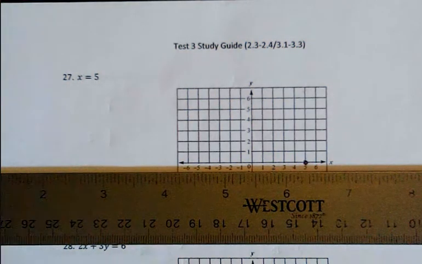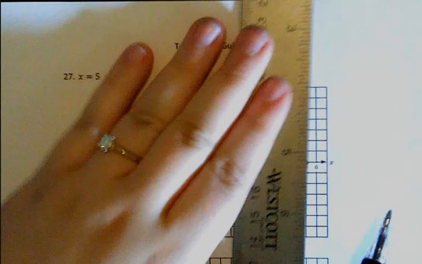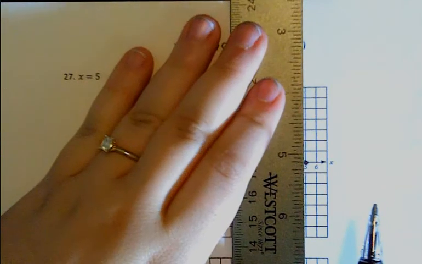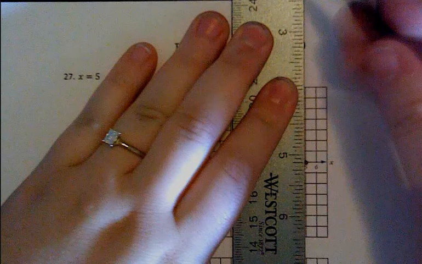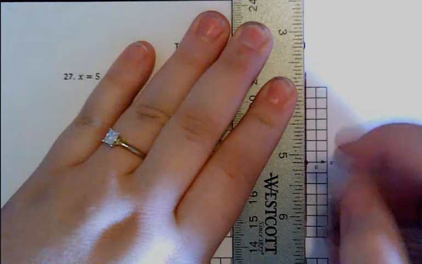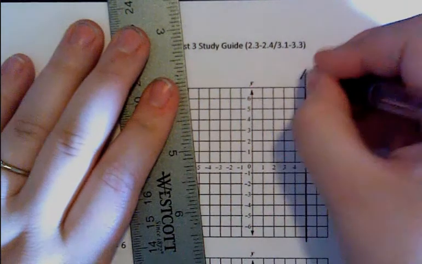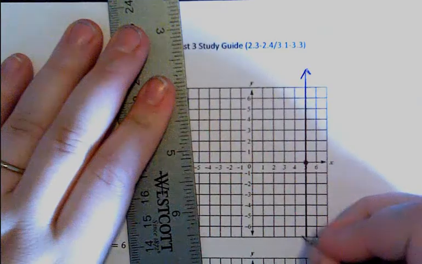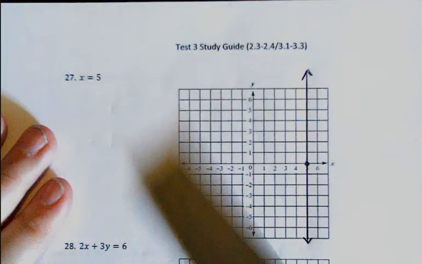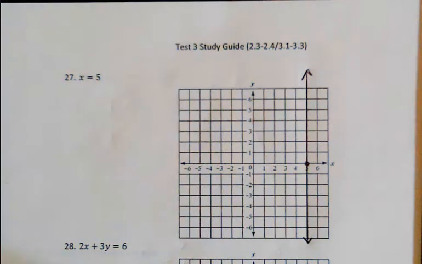So that means that my line is actually going to be vertical. Notice how my line goes all the way through my graph, and I put my arrows at the end.